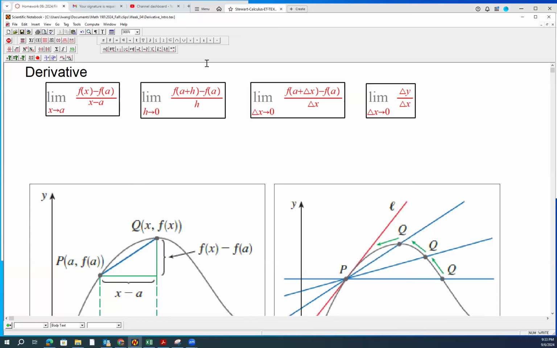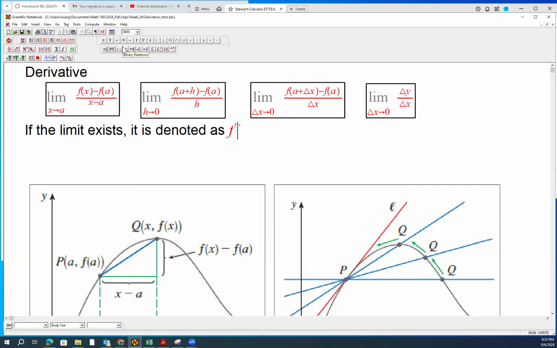If the limit exists, the limit is denoted as the derivative of the function at a, so f prime.